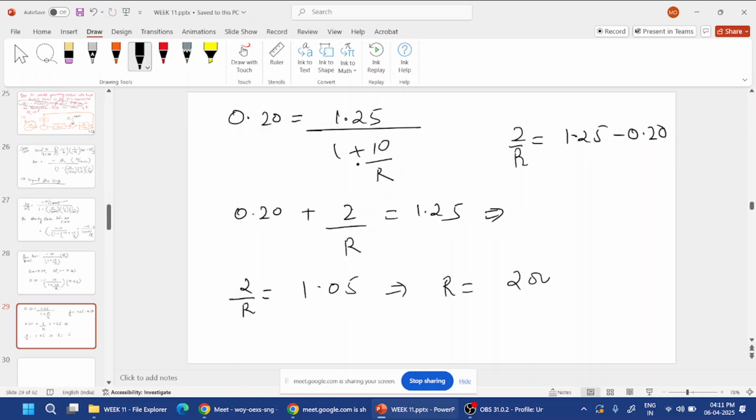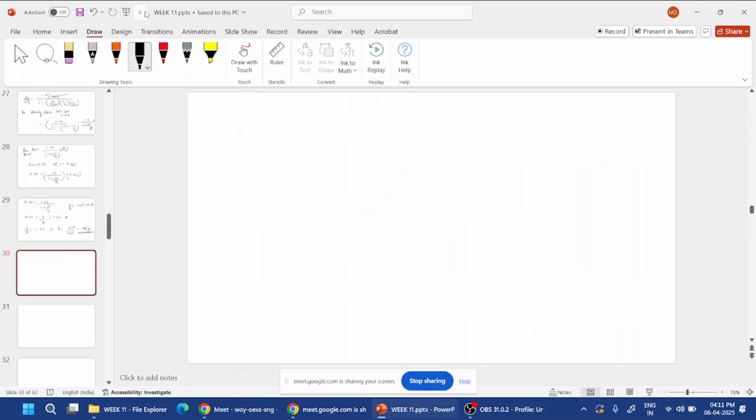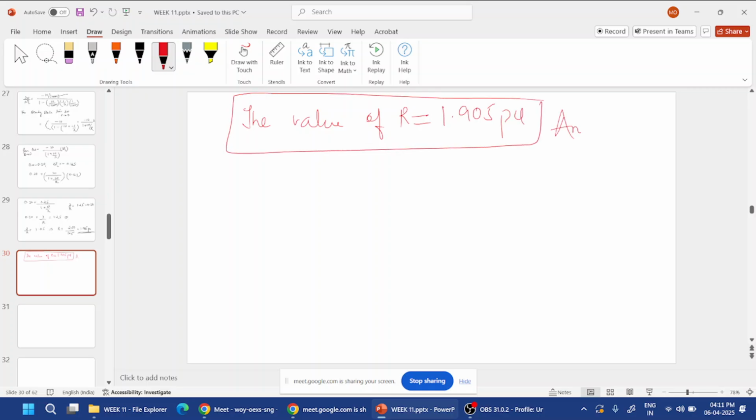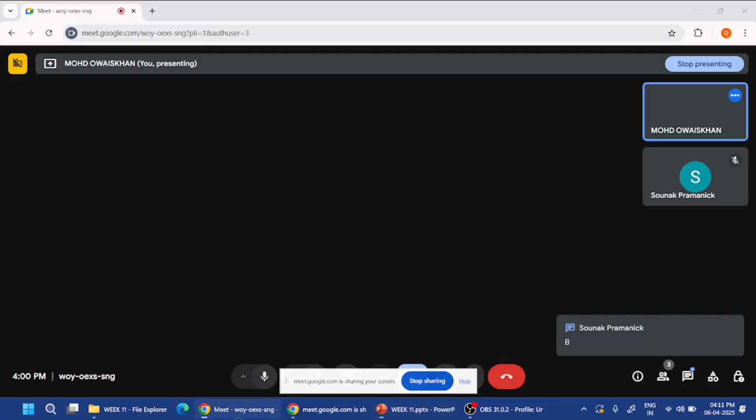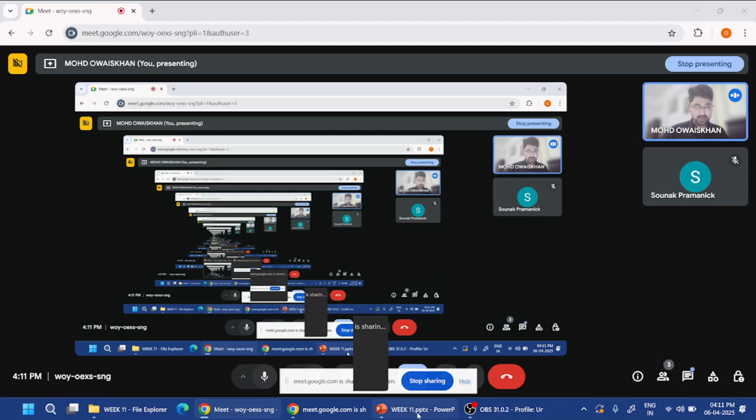R comes out to be 200 divided by 105, so it will be around 1.905 per unit. So the value of R is 1.905 per unit. Okay, so I hope you have understood this question quite clearly.